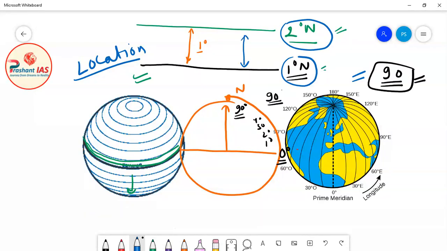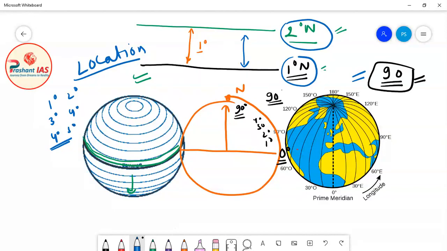For example, the distance between two consecutive latitudes means the difference is of 1 degree. For example, 1 degree and 2 degree, 3 degree and 4 degree, 4 degree and 5 degree. These are consecutive latitudes, means one after one.